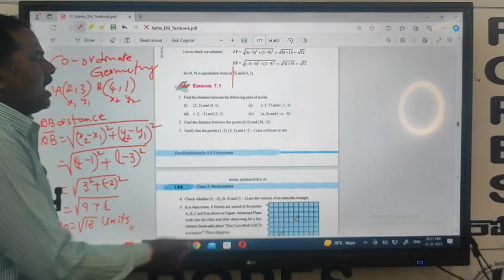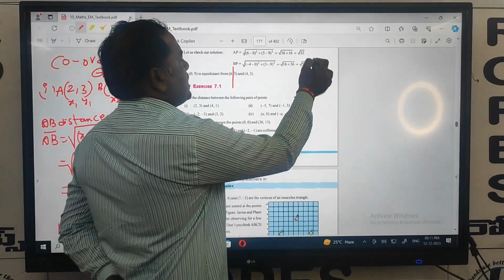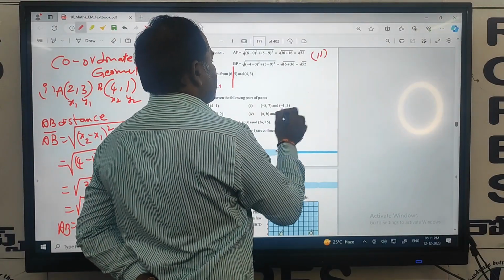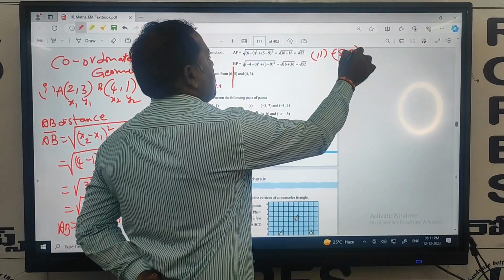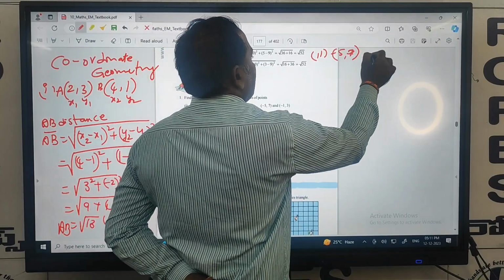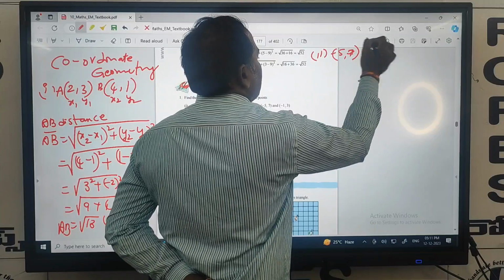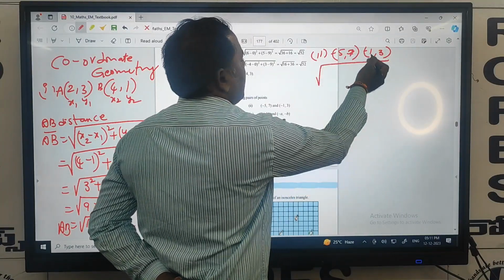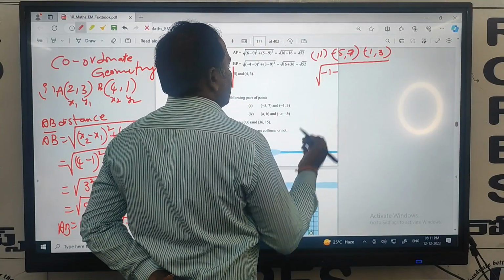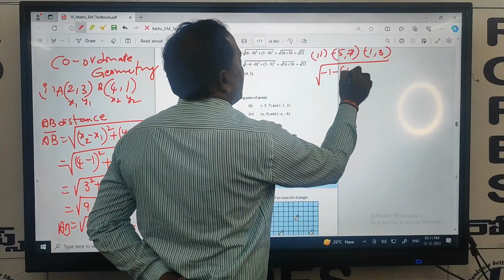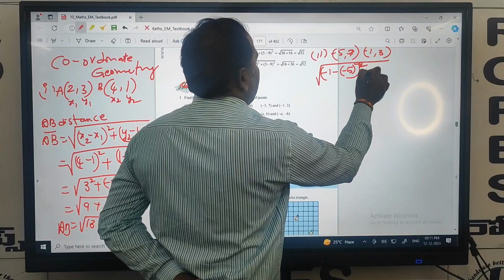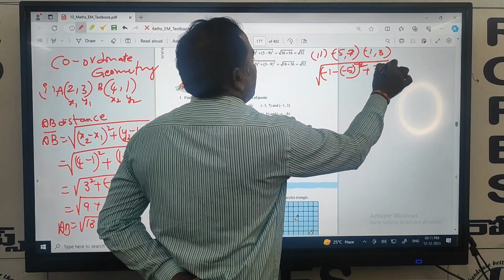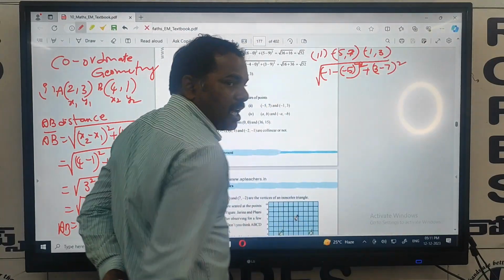Next, the second one: the points (minus 5, 7) and (minus 1, 3). Directly, minus 1 minus of minus 5 whole square plus 3 minus 7 whole square.